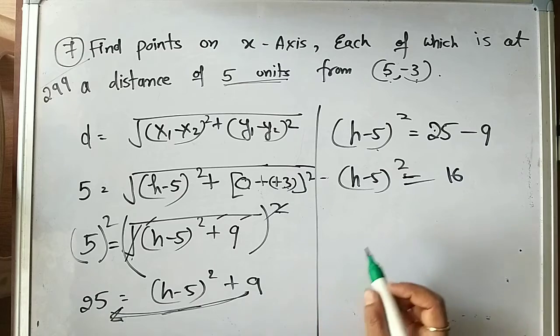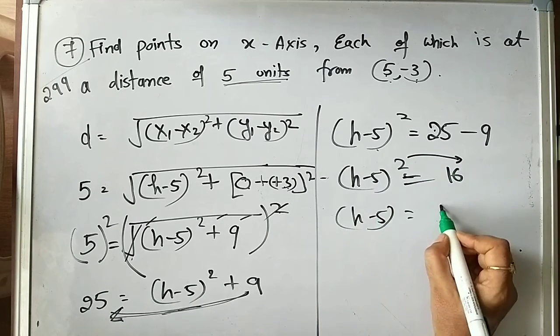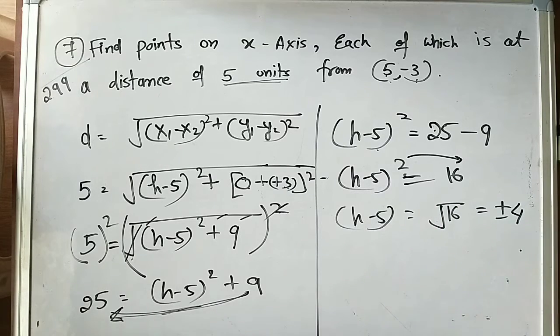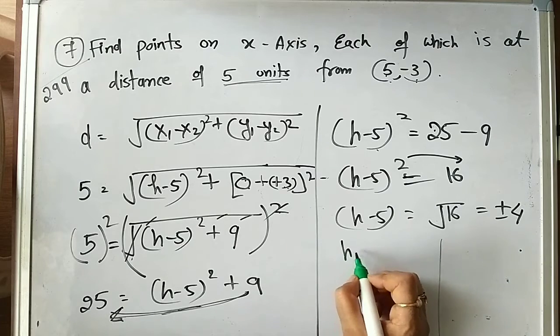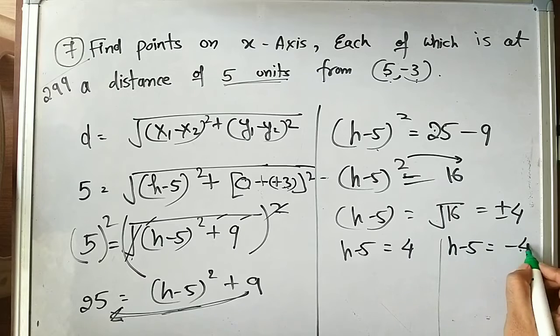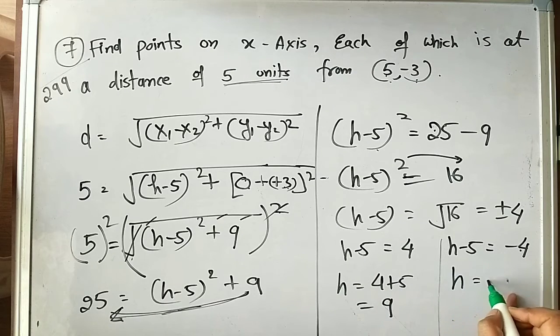Whenever this square goes to the other side, it becomes root. It will be root 16, which is plus minus 4. So now it can have two values: either h minus 5 is 4 or h minus 5 is minus 4. If this is the value, then h will be 4 plus 5, which is 9, or minus 4 plus 5, so h is 1.